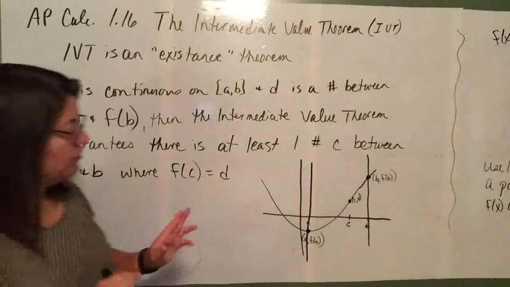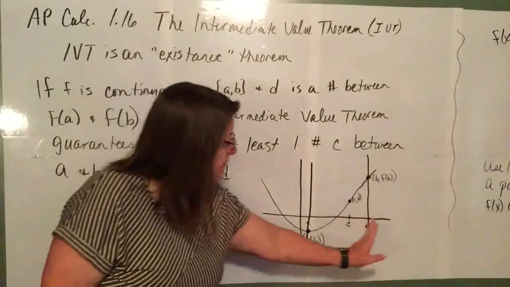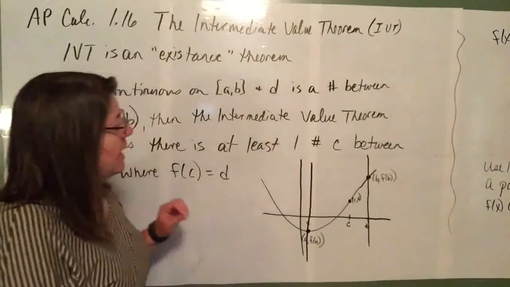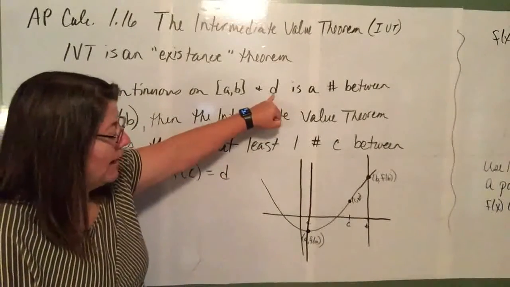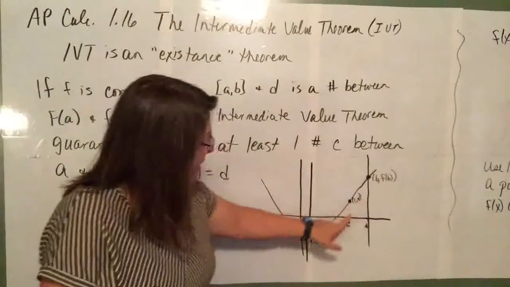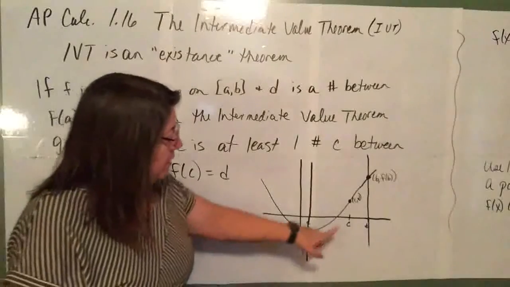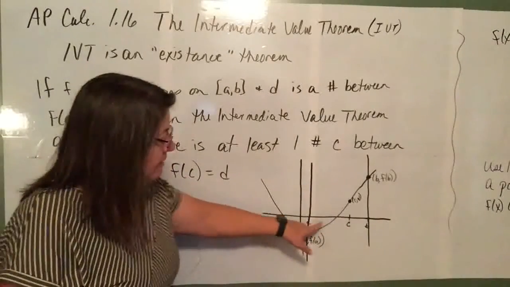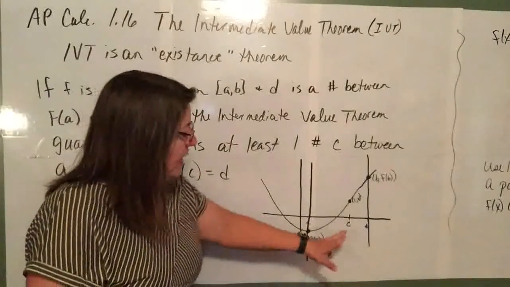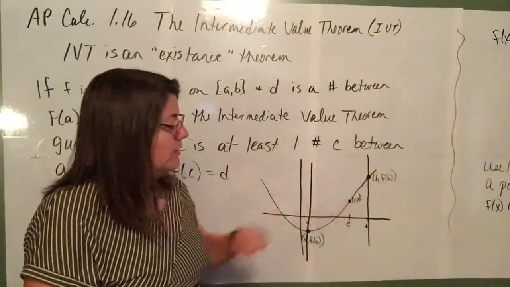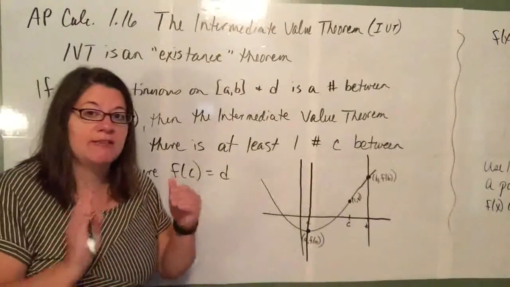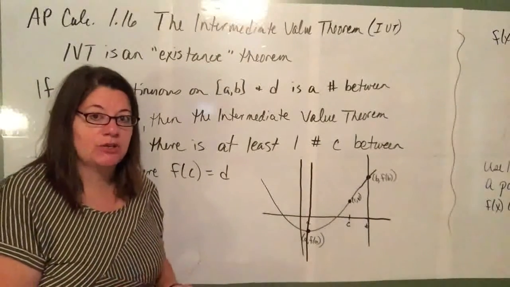And they're telling us that there is a D value, a y value between f(a) and f(b), where if we plug the c value in between a and b into our function, that f(c) value will equal the D value. That's all it says. It just says that there's a number that exists with that condition.